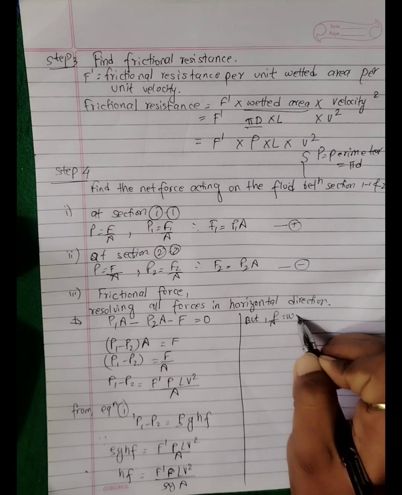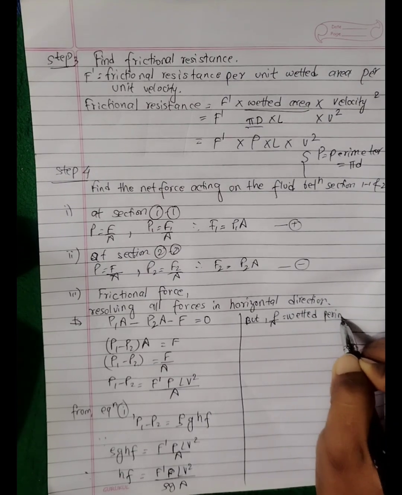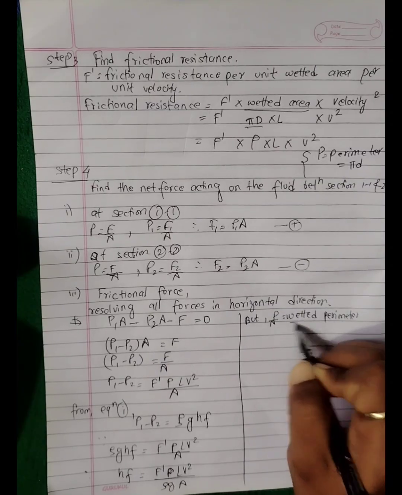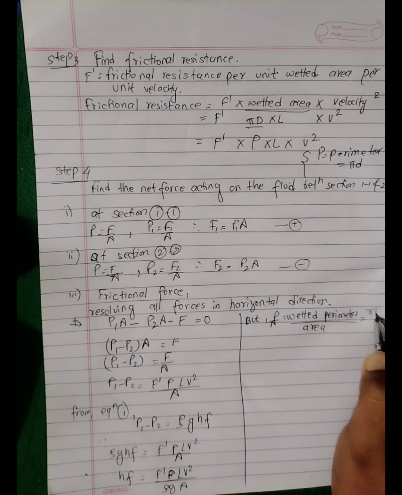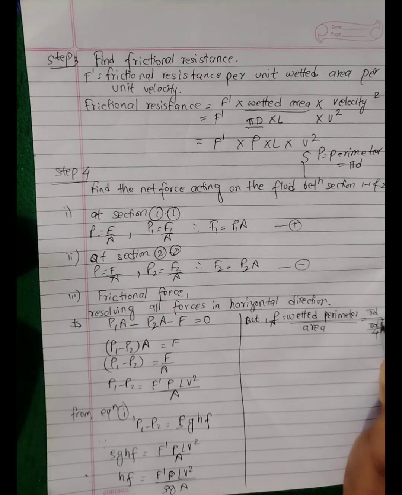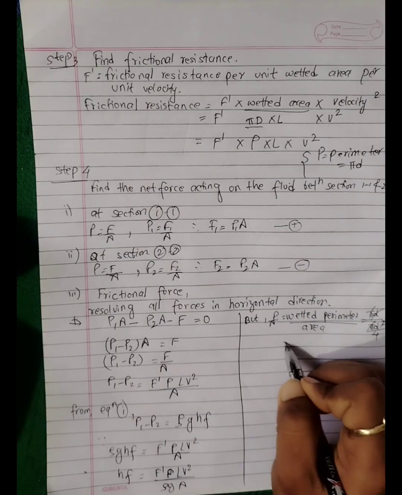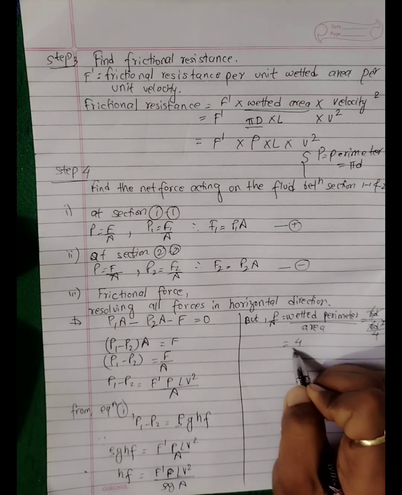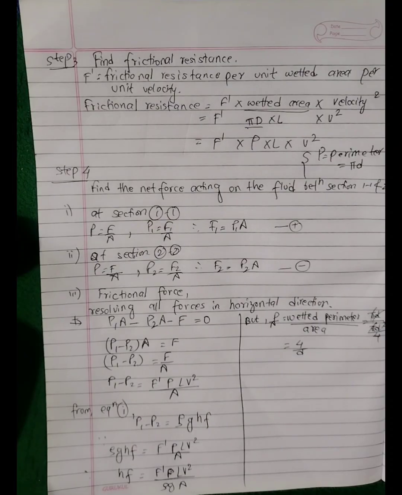Now, P by A is equal to wetted perimeter over area. Wetted perimeter means pi d. Area means pi d square upon 4. Substituting the values, pi d upon pi d square upon 4 and cancelling out pi d, we will get 4 by d. Then putting the value of P by A equal to 4 by d, we will get f dash 4 L V square upon rho g d.